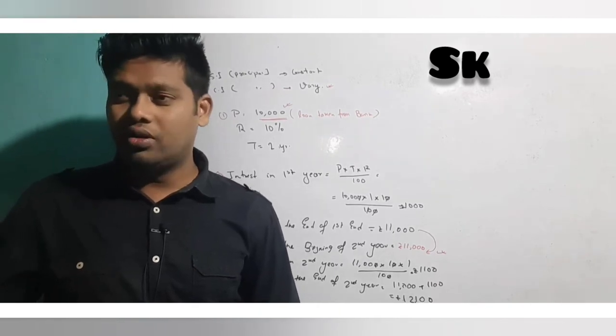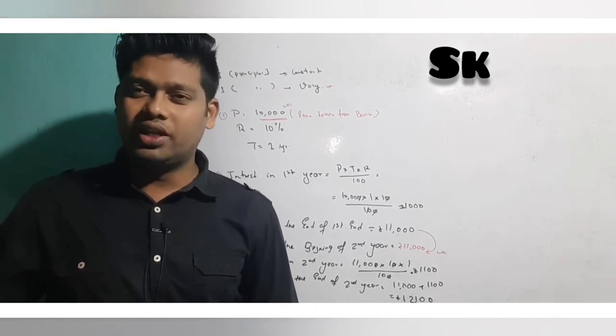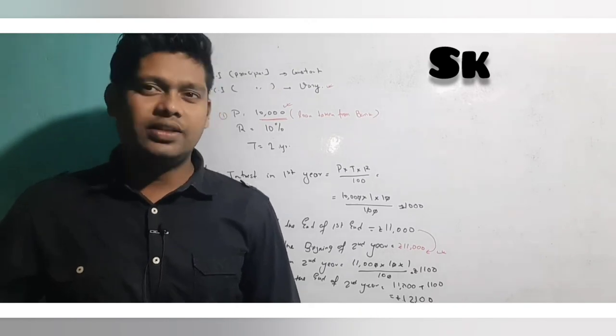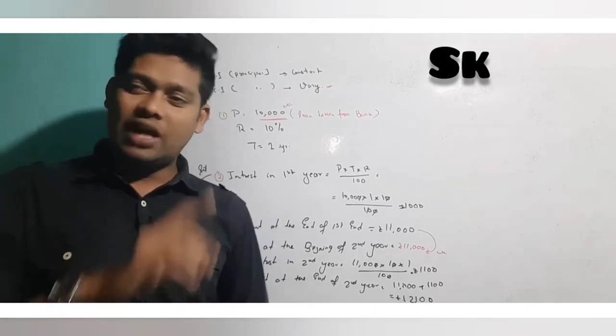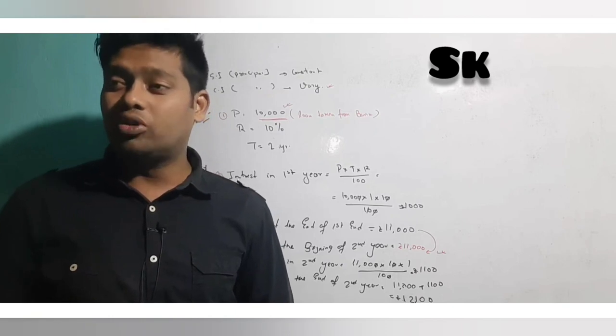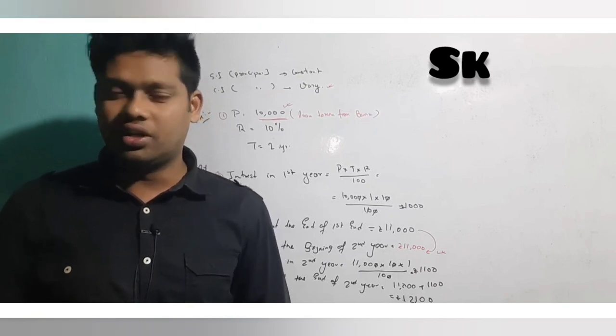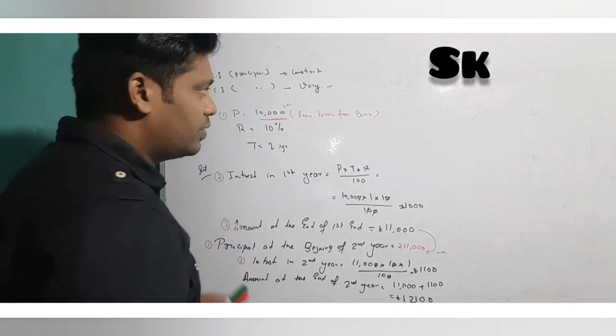The amount of last year. Last year means how many years are we calculating? For 2 years. And the principal of the first year is how much? The starting one they gave you. What is the principal for the starting year? 10,000. So compound interest will be how much?